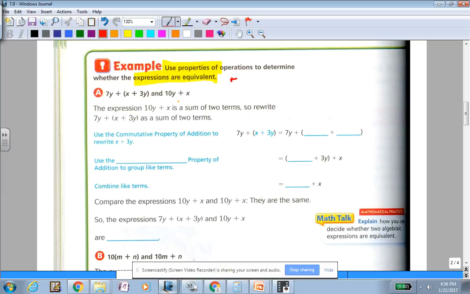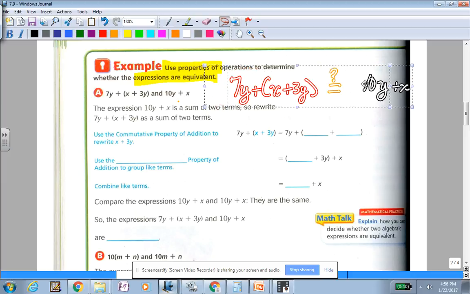One is 7y plus the sum of x and 3y. And then another expression that we're looking to see is it equal or not equal to 10y plus x. Let's scoot it over a little bit.